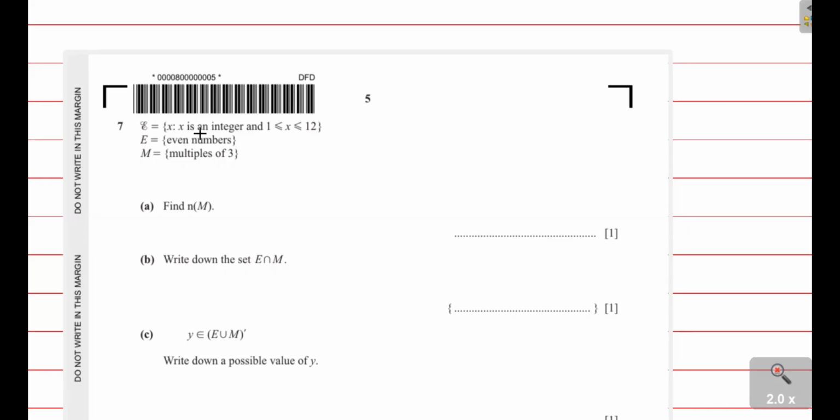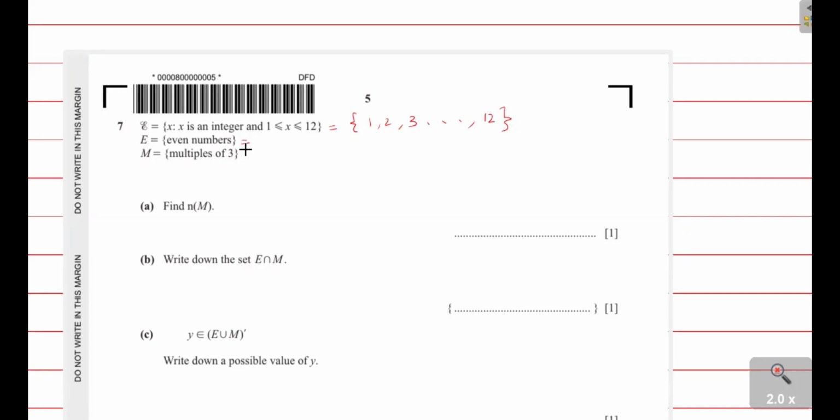Question 7, universal set. Here is x such that x is an integer, x from 1 to 12. E is the set of even numbers. M is the set of multiples of 3. Find the number of elements in set M. Look here, this is the universal set: 1, 2, 3, up to 12, the first 12 integer values we will write here.